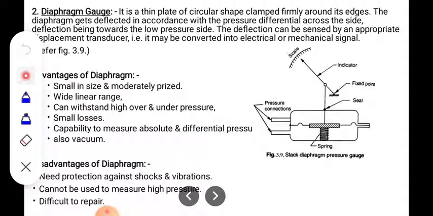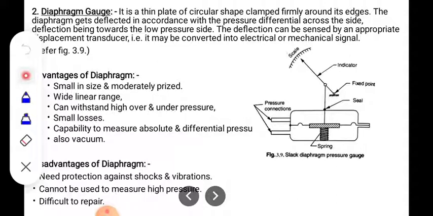Disadvantages of the diaphragm gauge: needs protection against shock and vibrations, cannot be used to measure high pressure, and difficult to repair.